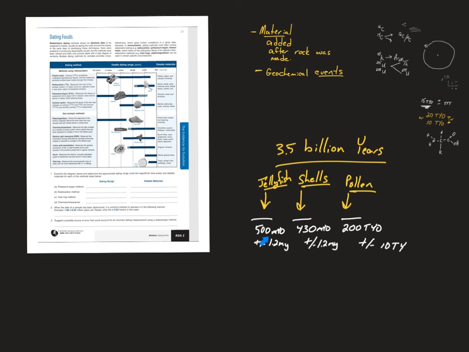What we're trying to do is get an idea of how old the rock is, where it's found, and where the fossils are evolutionarily to each other. So really, when we're talking about this radiometric dating and the error that comes from it, the error really doesn't impact the results. So I hope that helps.